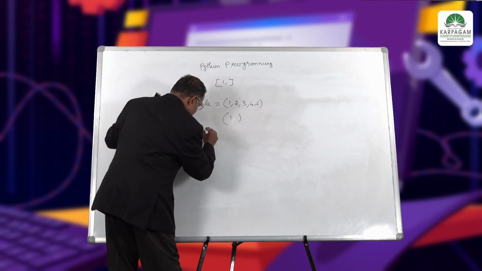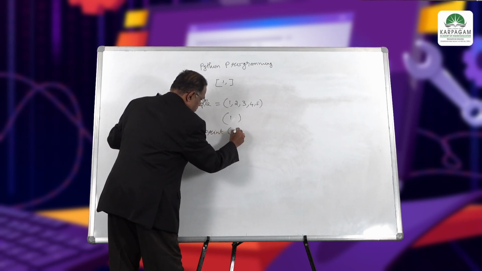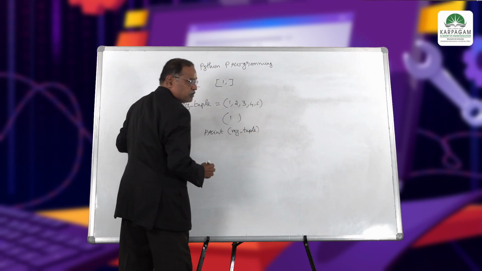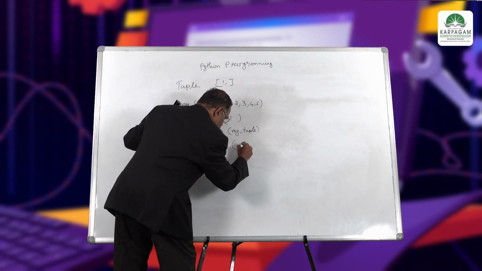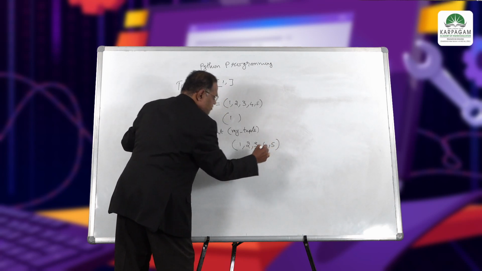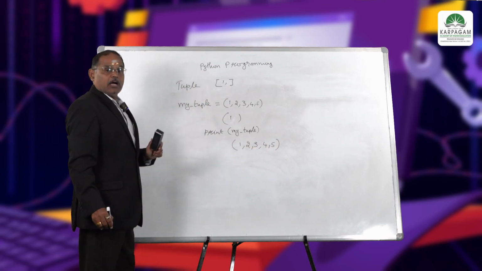If I am printing like this, my tuple, my output will be 1, 2, 3, 4, and 5. So this will be my output.